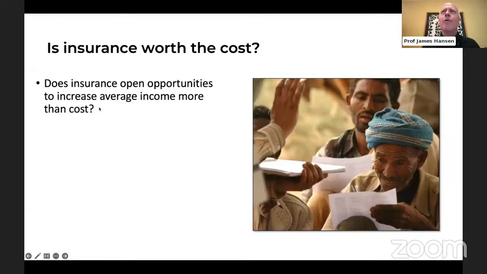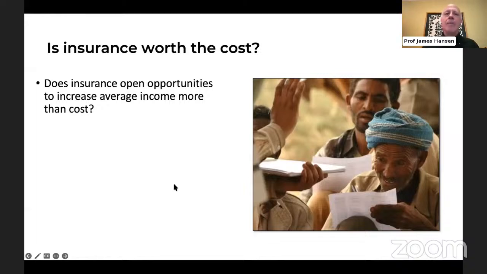So one of the most important questions is, does having insurance change the way a farmer farms? Does insurance open up opportunities to increase average farm income more than the added cost? And in many cases, the answer is yes.